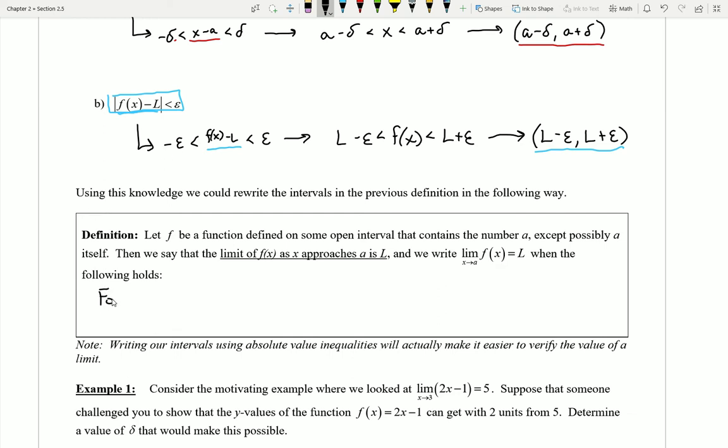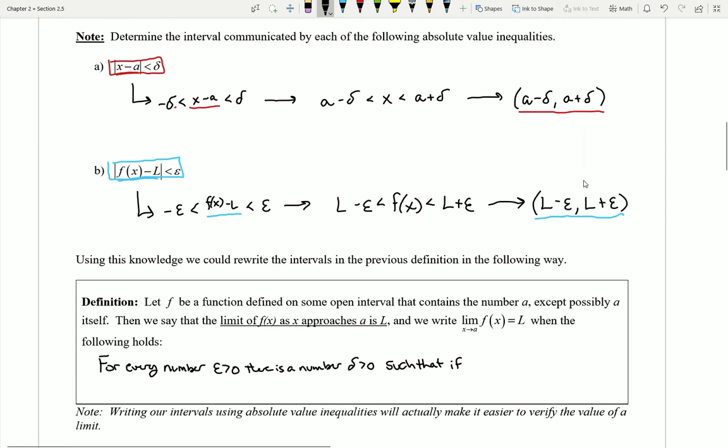We would say for every number epsilon that's greater than 0, there is a number delta greater than 0, such that if x is inside this red interval, then f of x will be inside the blue interval.